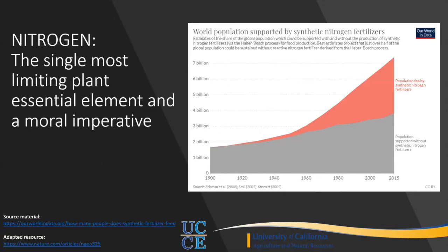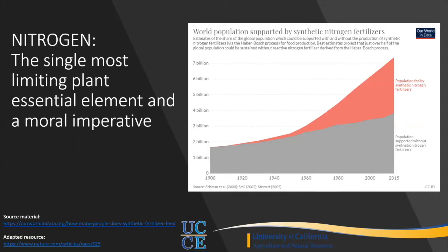Nitrogen is one of those essential plant elements, and to say that nitrogen is one of the most limiting essential plant elements is the same as saying that in most cases around the world, whenever nitrogen is added to a system, including agricultural production systems, those plants perform better in their growth, their function, their reproduction, or any combination of those.